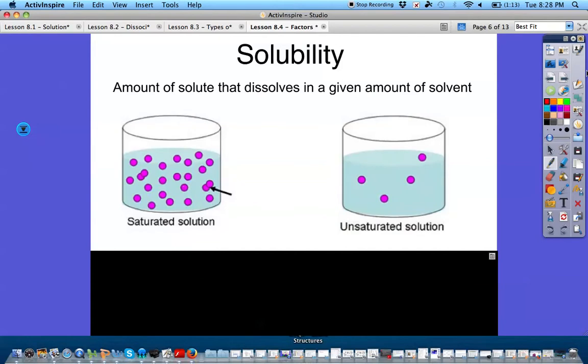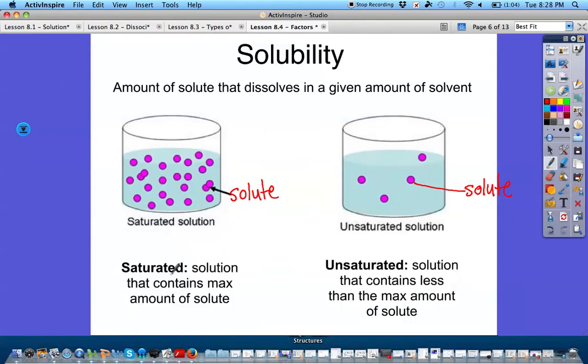Solubility is the amount of solute that dissolves in a given amount of solvent. So we're going to talk about 3 different types of solutions today. The first 2 are saturated and unsaturated solutions. Here we have our solvent in blue, and the purple dots are the solutes. You can see in the saturated, there are many more particles of solute than in the unsaturated.